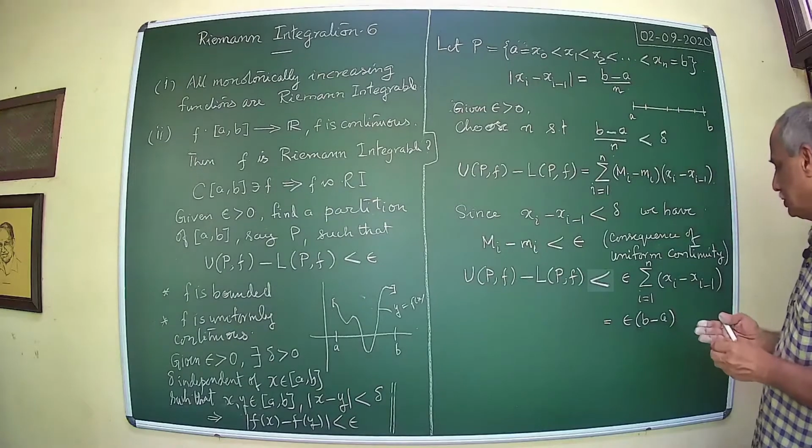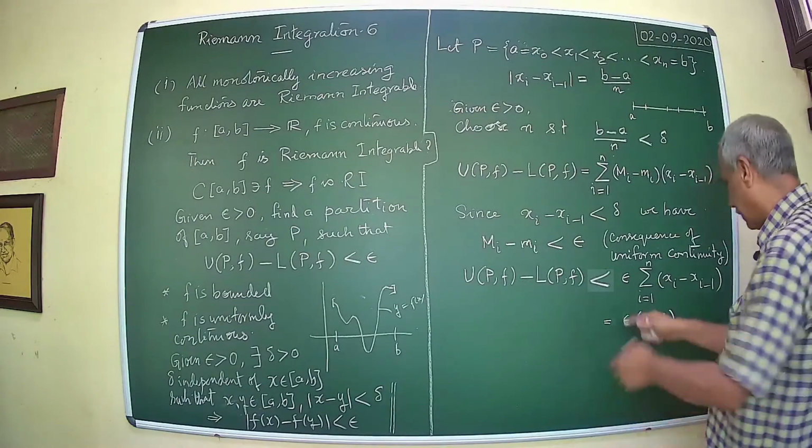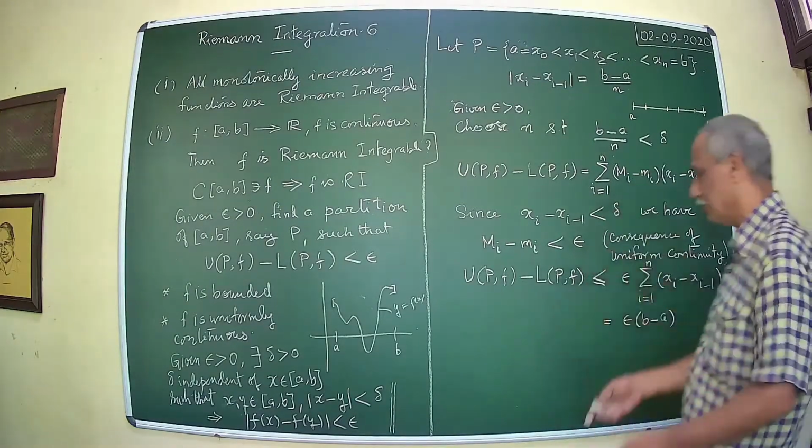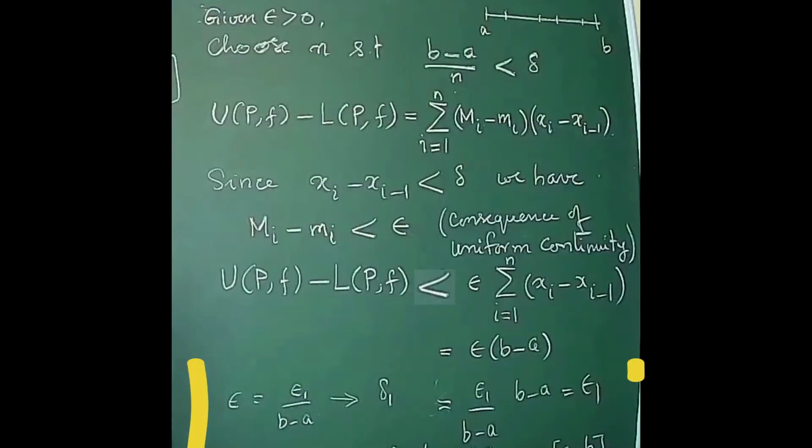If you are very particular, to get this epsilon, you start with an epsilon 1, and set epsilon equal to epsilon 1 divided by b minus a. Then corresponding to epsilon 1, you have a delta, say delta 1. And then you repeat the argument, choose n such that b minus a by n is less than delta 1, and so on.